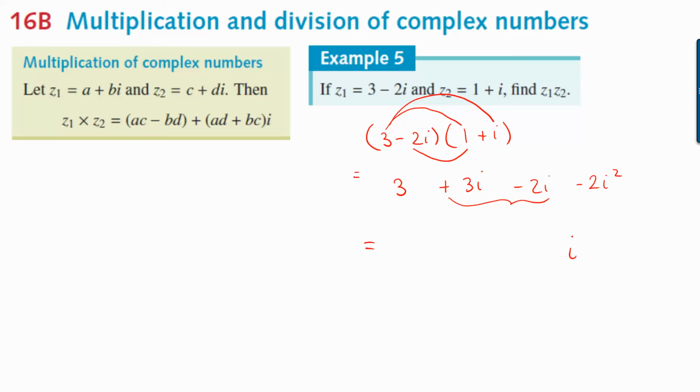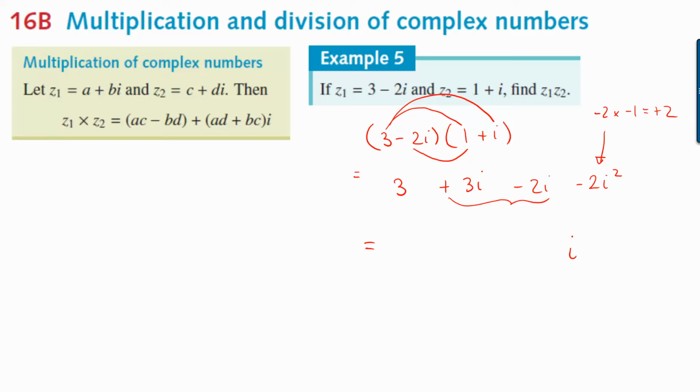That makes sense. Now in terms of a real value, this is a 3. But over here we've got i squared. Now from yesterday's definition, we know that i squared is equivalent to negative 1. So if that's equivalent to negative 1, we can say that negative 2 times negative 1 gives me a positive 2.